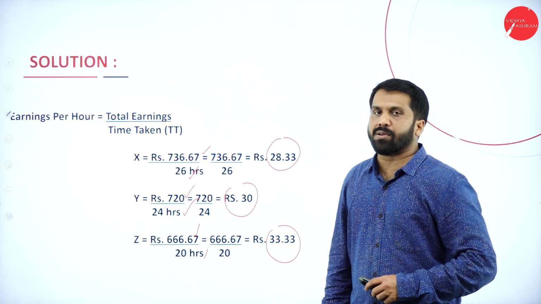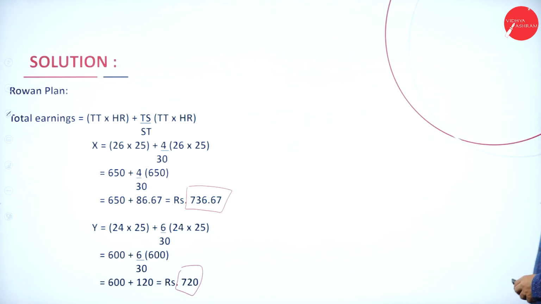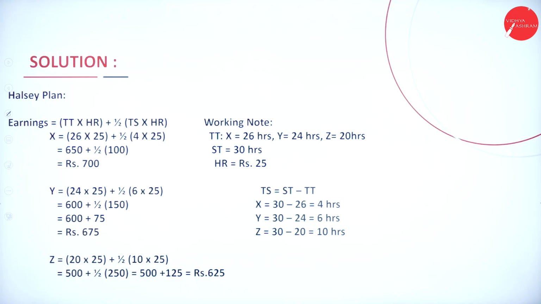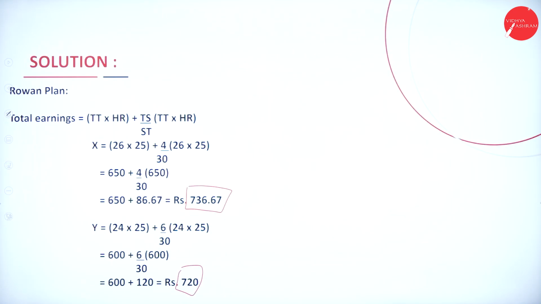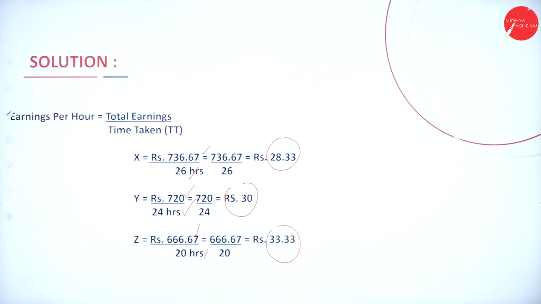Now, I'll go back to all these slides so that you can take screenshot. So, this is your row 1 plan. The answer part, first one. This is the answer part for Z. So, this is the earning per hour for all three, X, Y as well as Z.